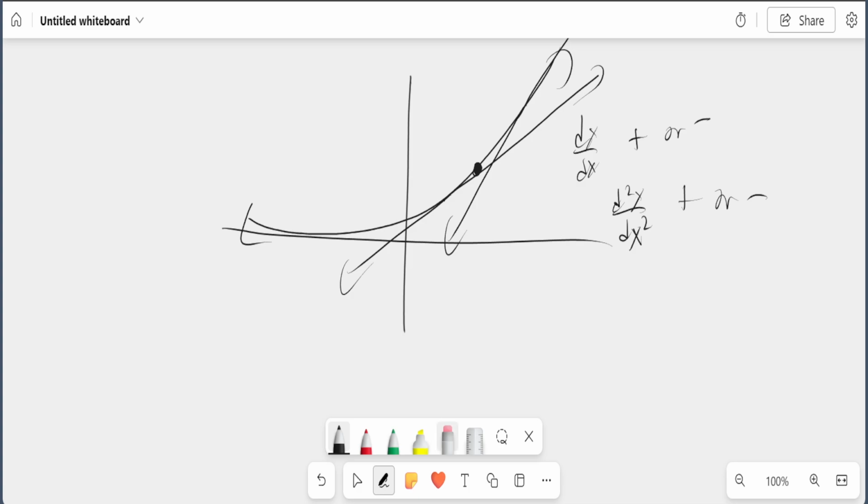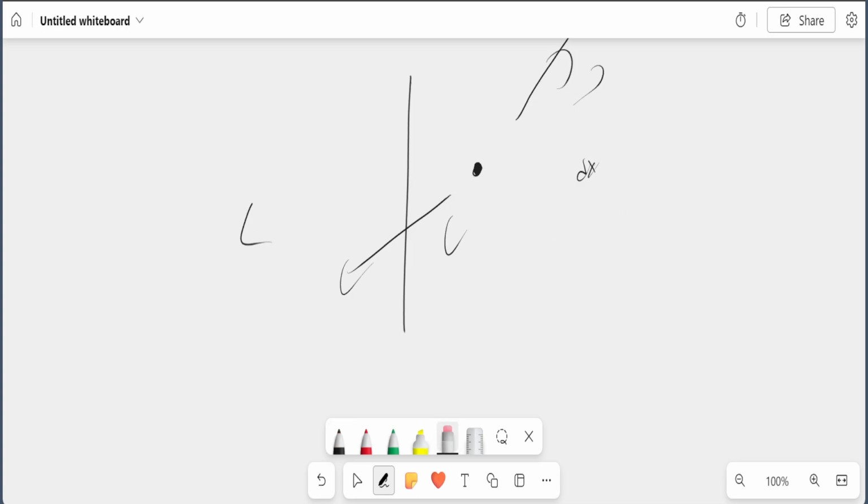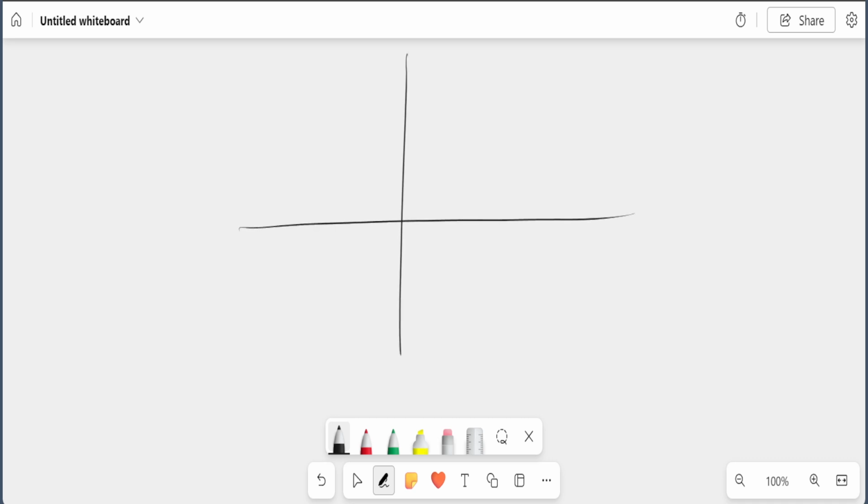Now let's look at another one. I can draw another one. That is not a function, whoops. That is just sine.